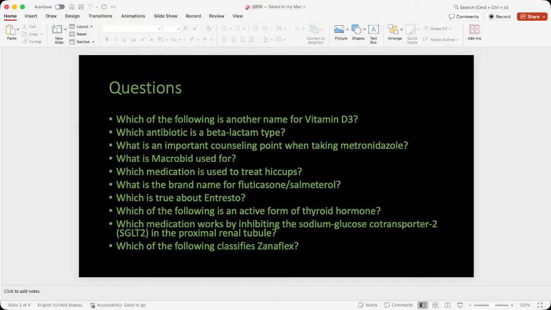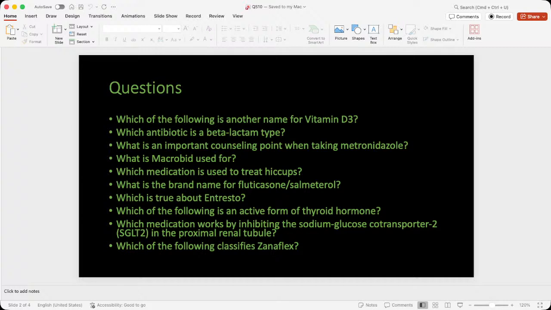The next one is regarding Macrobid and its indication. Indication is another part of the blueprint, so understand the indication of the medications as well. Macrobid is typically used for urinary tract infections, UTIs.